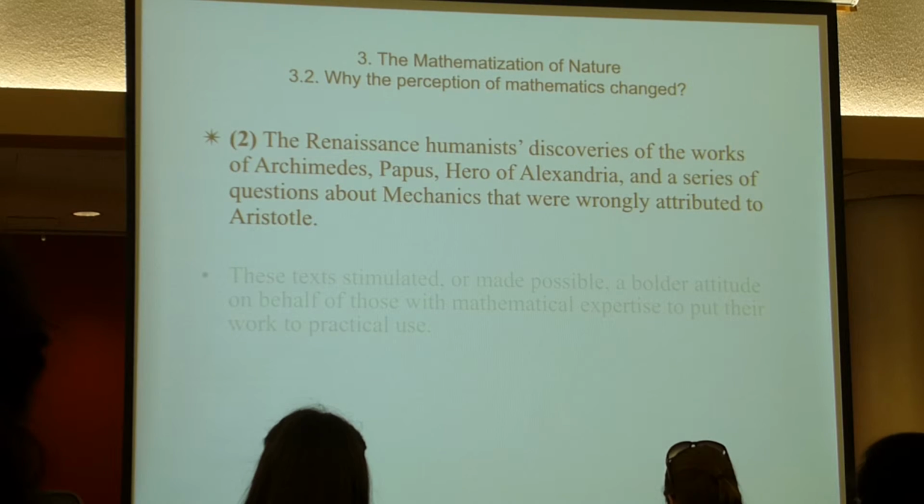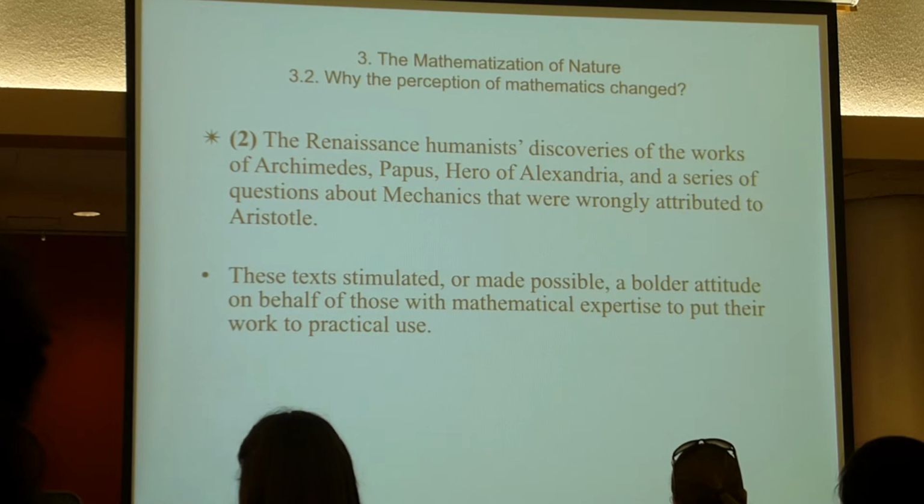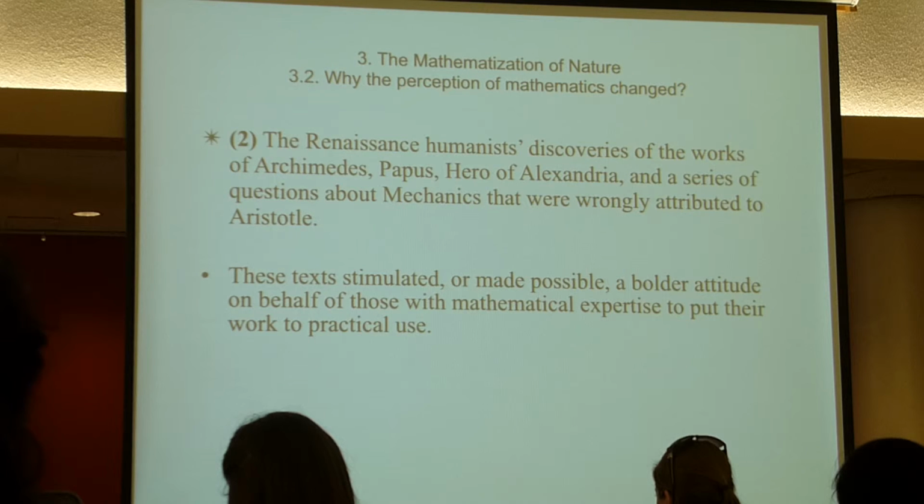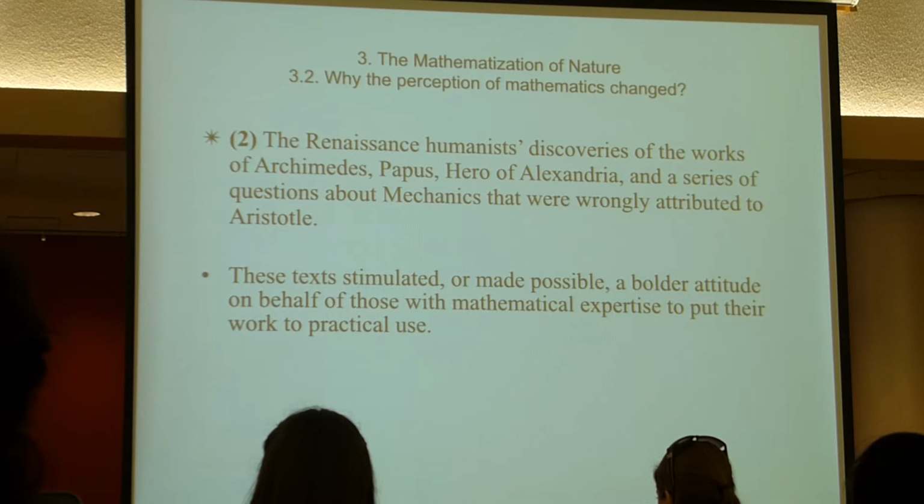This text stimulated new interest and made the mathematicians more bold in their attitude and more confident that one can use mathematics for more than one use, up to that point.